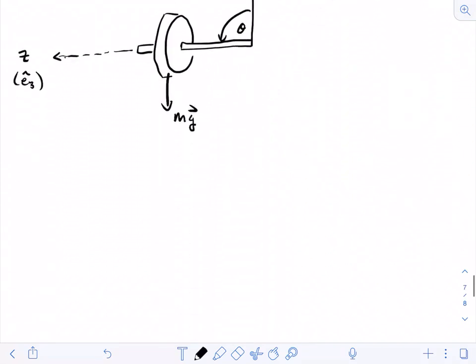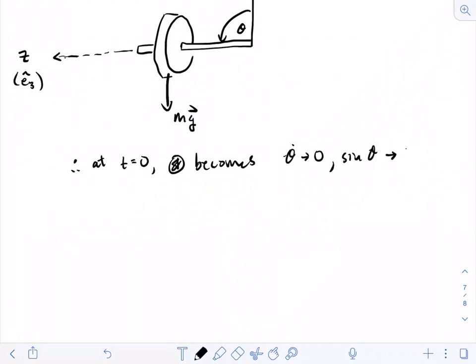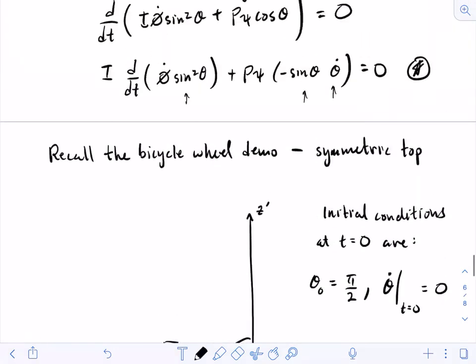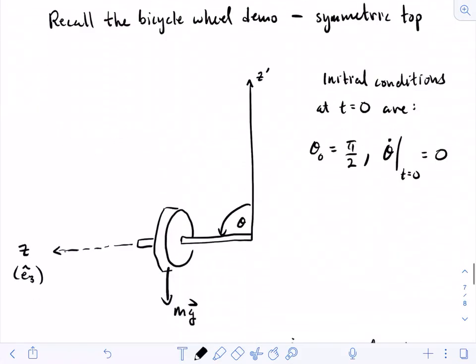Therefore at t equals 0, star becomes I d by dt phi dot, and there's nothing else, because the sine theta becomes a 1 and the theta dot becomes a 0.